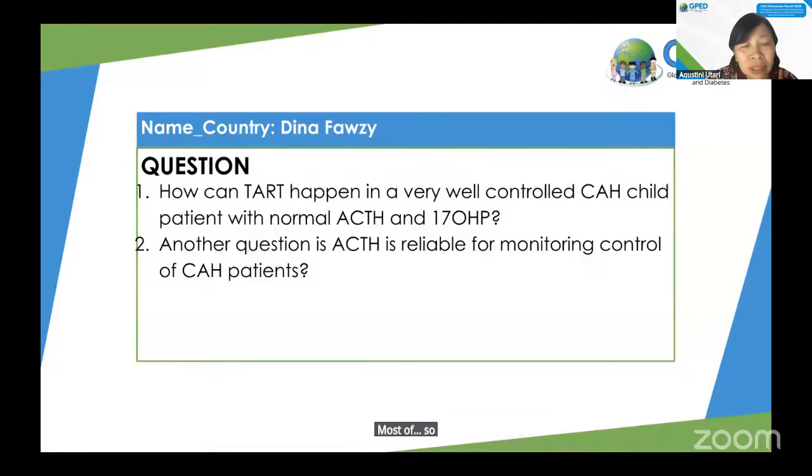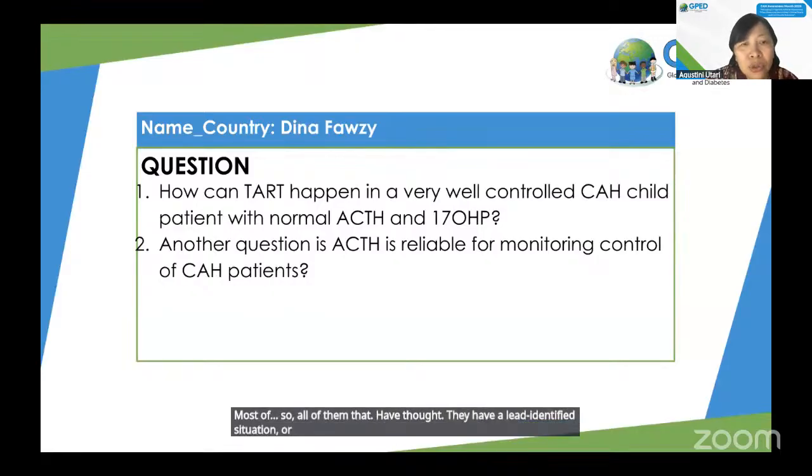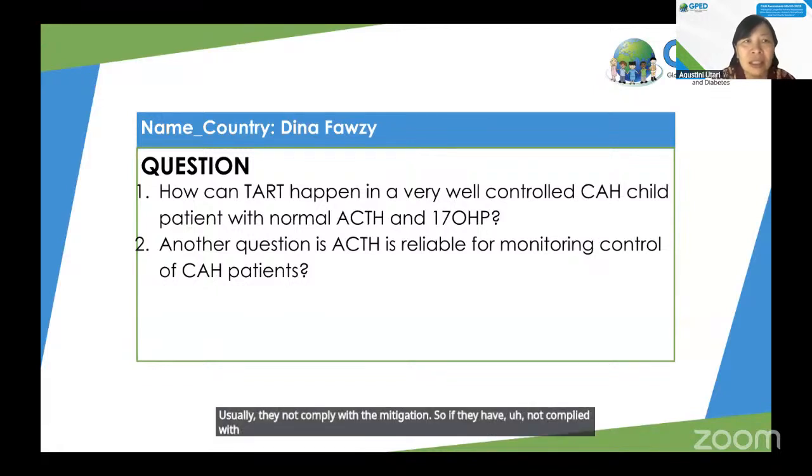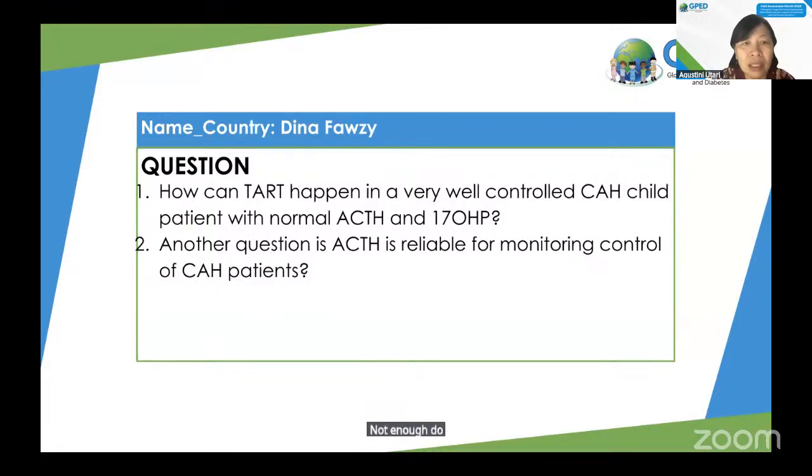All of them that have TART had a late identified situation, or usually they did not comply with the medication, not enough dose, or they were late identified, so they tend to have TART. Also, I think there is one publication that said that if we identify late, after 1 year, the possibility to get TART is increased.